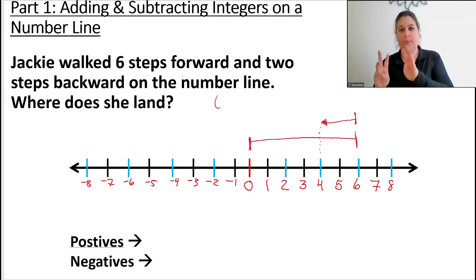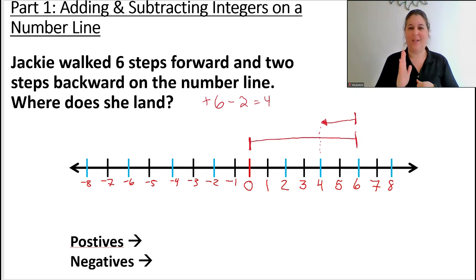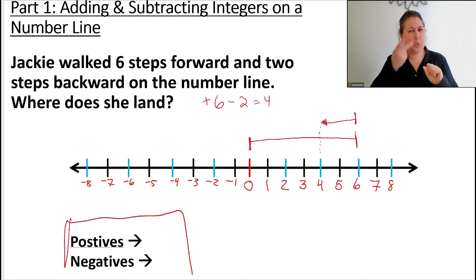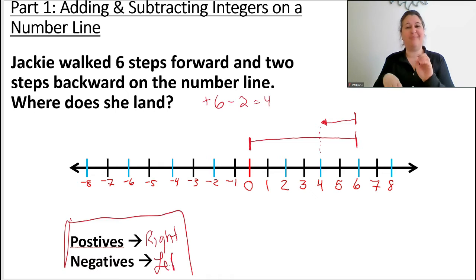Makes sense because that's a positive 6, 6 minus 2 for backwards equals 4. Right here, it's saying positives and negatives. This is just reminding you that positives are always to the right and negatives are always to the left on the number line.